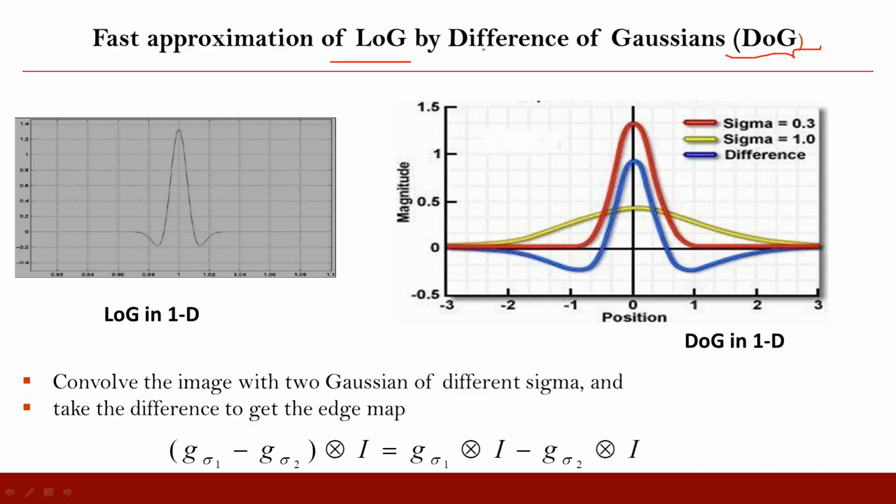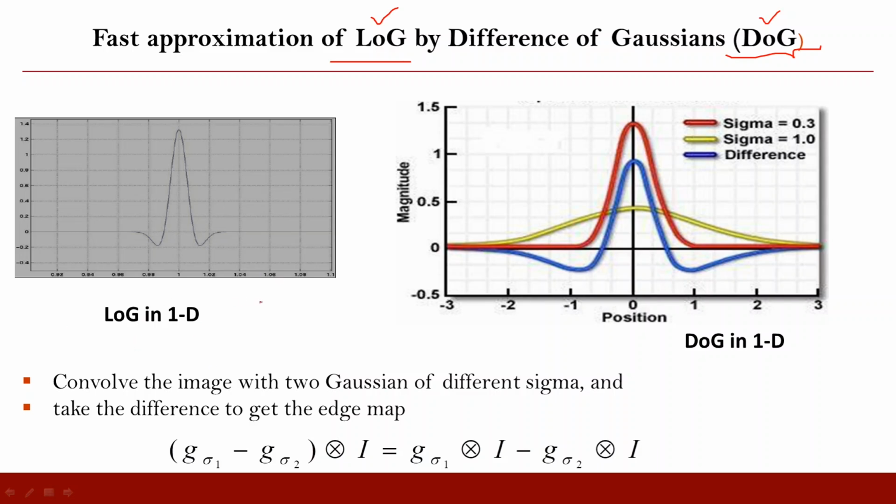Since we are able to approximate LoG by using DoG, many times we prefer applying the DoG operator in place of the LoG operator, because LoG is based on the second order derivative and DoG is based on the first order derivative. How we are saying that both are the same, mathematically I'm not explaining here, but we can understand that with the help of this example.